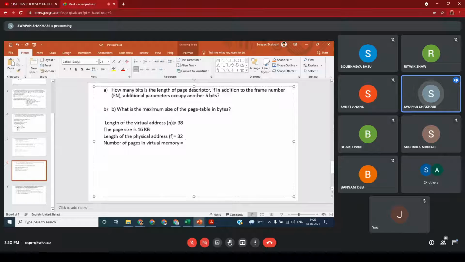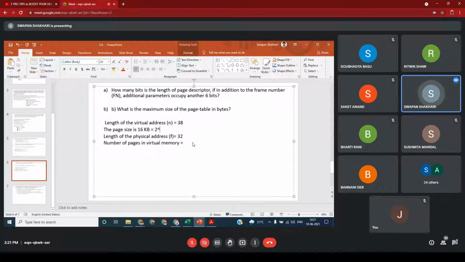So we are calling n this one. So page size is 16 KB, which means 2 to the power 14.